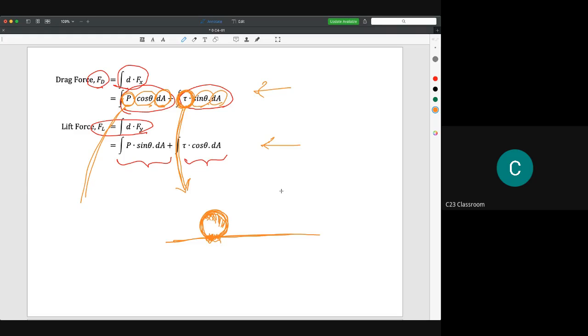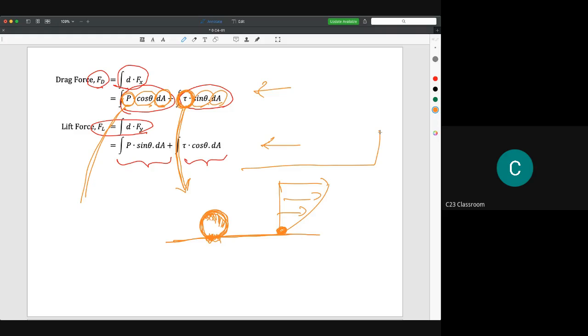We have a velocity distribution, and this velocity distribution actually occurs because of the existence of shear stress. So our basic target, our objective, is to calculate the drag force and also the lift force, because this is the element that we need to know when we design something.